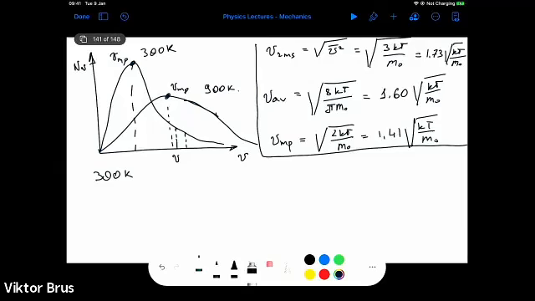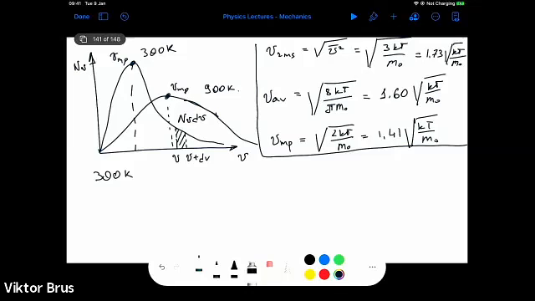Here is v plus dv, and the area of this distribution will give us the number of particles which possess velocity in the interval from v to v plus dv, and this will be equal to n(v), this Maxwell Boltzmann distribution function, times dv.